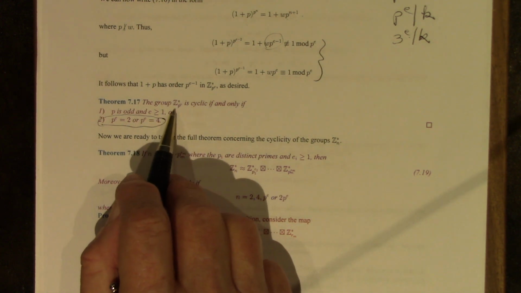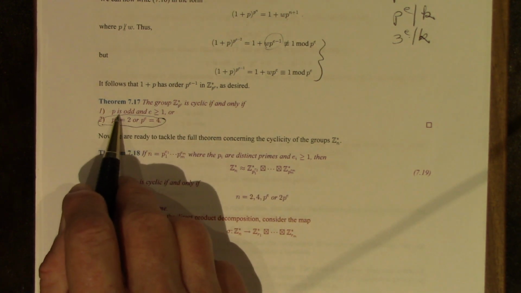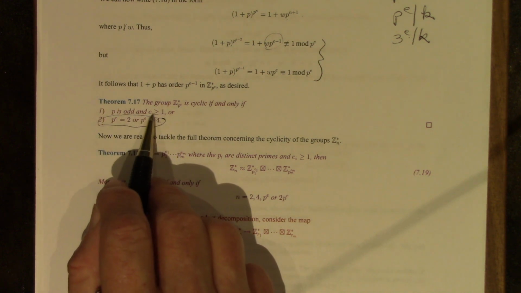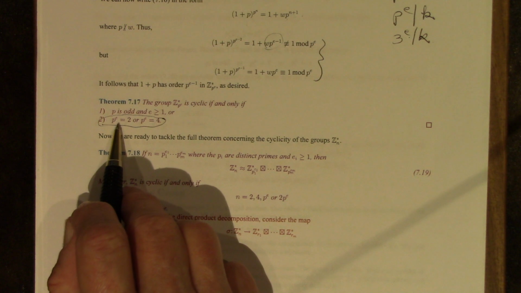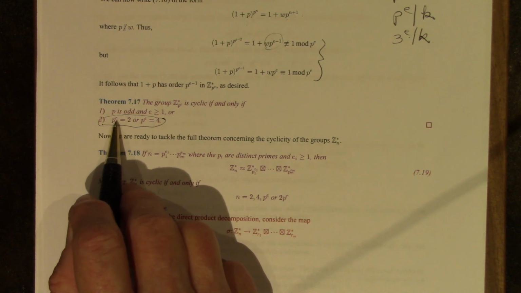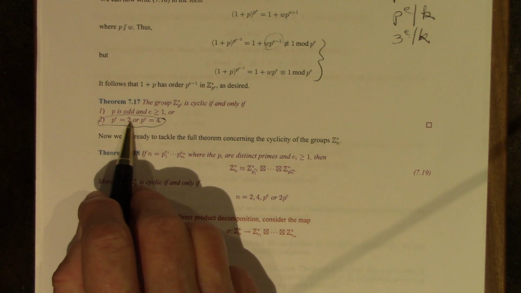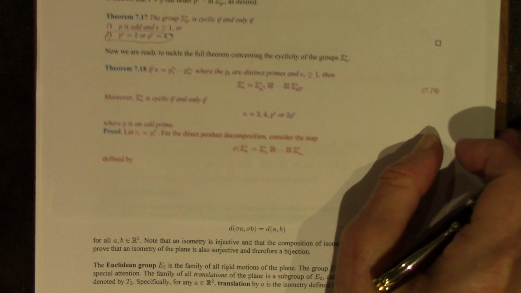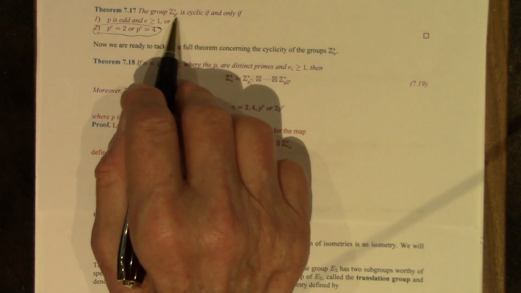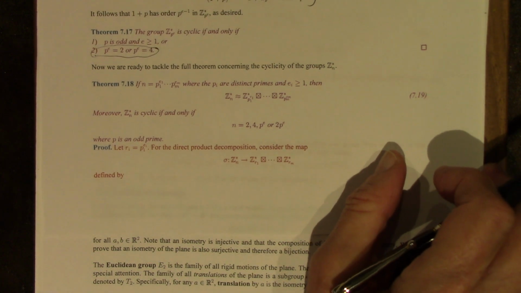So we now know that the group Z to the p to the e star is cyclic if and only if p is odd, in which case e can be anything greater than or equal to 1, or p is even and e is 1, or e is 2. So you get p to the e is 2 or 4. And we have the complete story on Z p to the e star and its cyclicity.